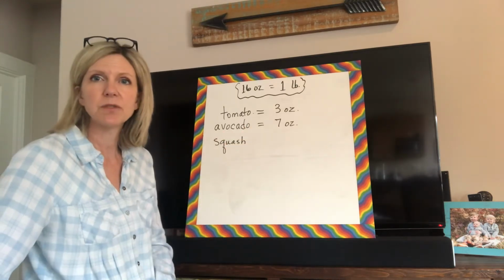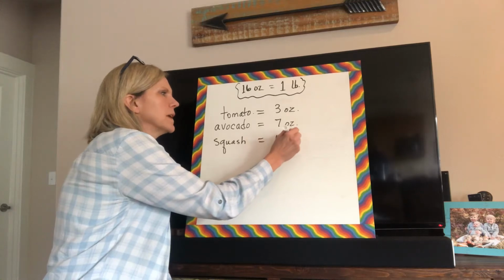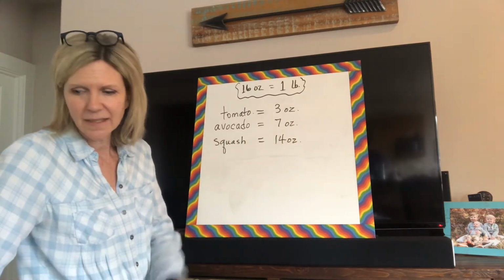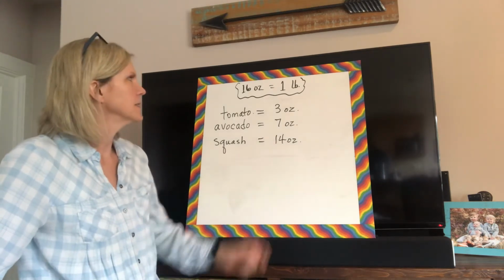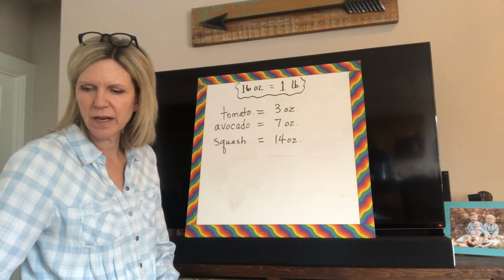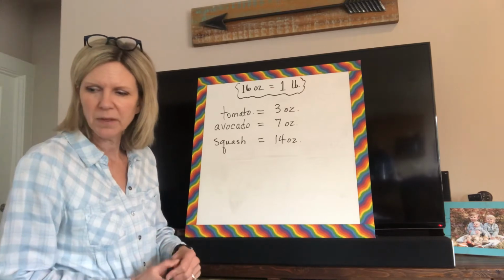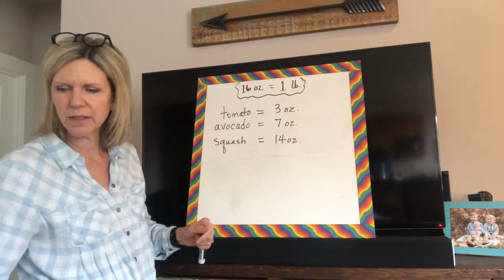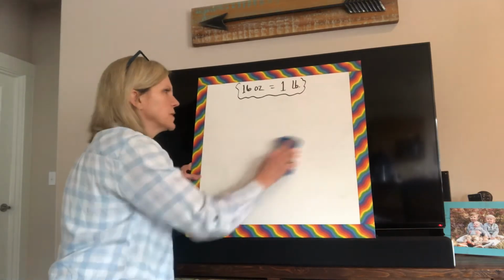So 7 times 2 is 14 ounces. Okay, now that's it. What is the weight of the squash? It's 14 ounces. All right? I just wanted to help you with one of those so that you could be thinking about comparison problems. I think maybe we should do one more of this pumpkin one. It's a little difficult. I might even get stumped with it, but let's see if we can do it together.